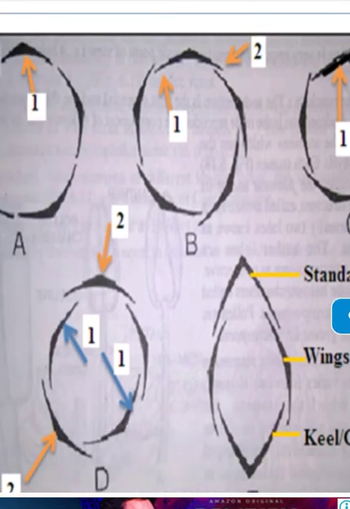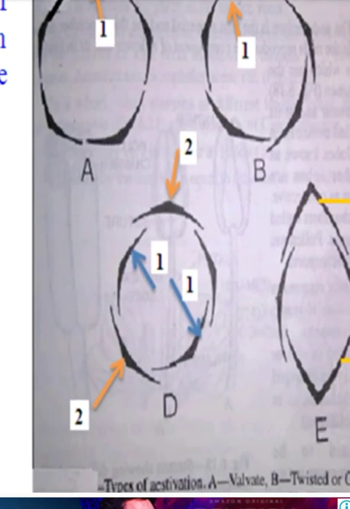Always 5 petals. Then in quincuncial, again always 5 petals are there. Out of the 5 petals, 2 petals are outside, and 2 petals are completely inside, and 1 petal has one margin inside, one margin outside.